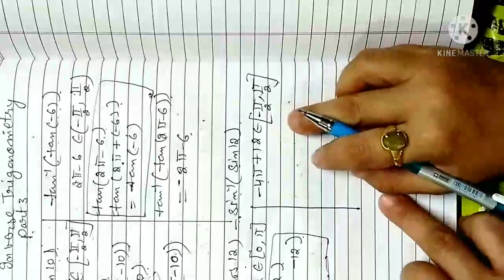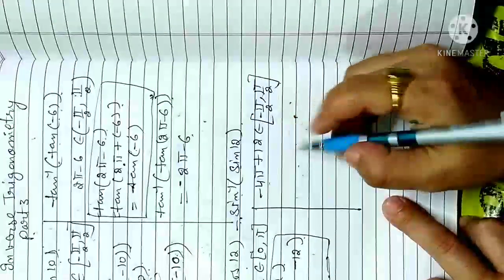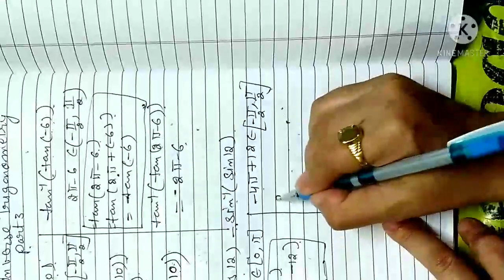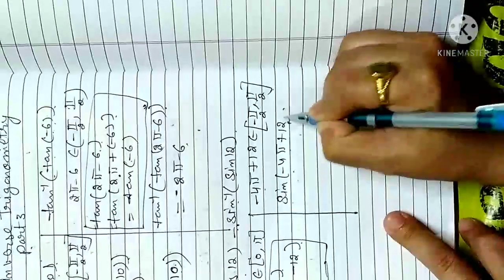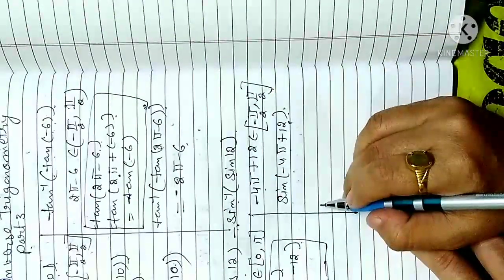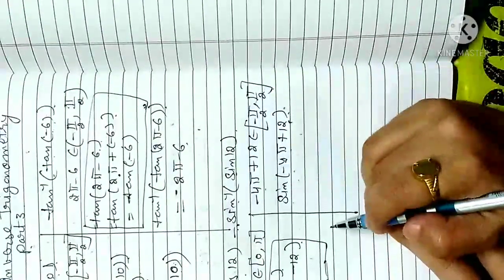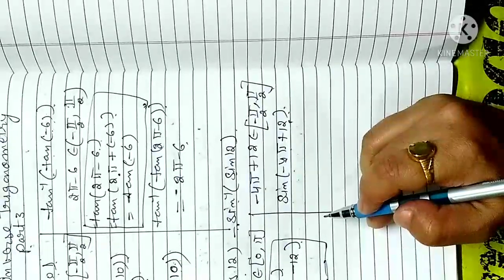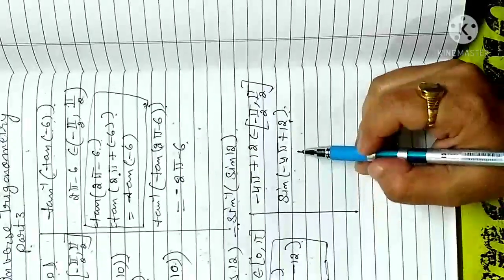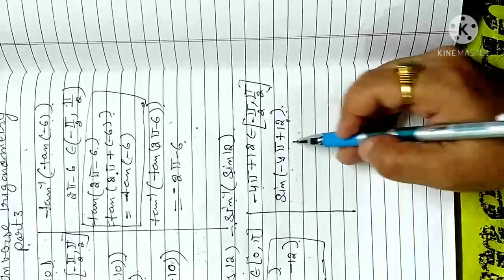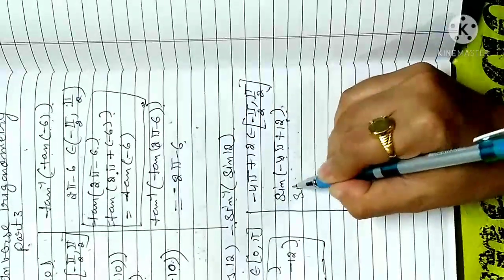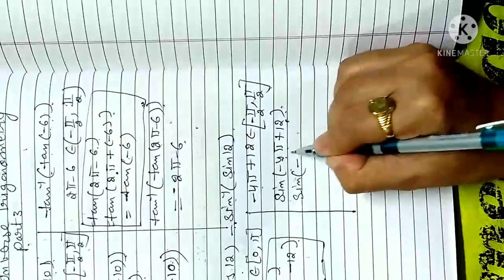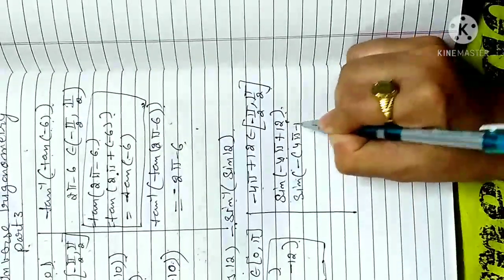Similarly, now move this way. What will be the value here? If I go with the sine value, sine of minus 4 pi plus 12. Okay, so this is minus 4 pi, right? How will you identify the value here? This has a negative sign. If you take the negative sign common, this is 4 pi minus 12.